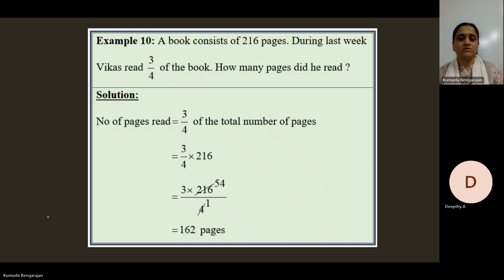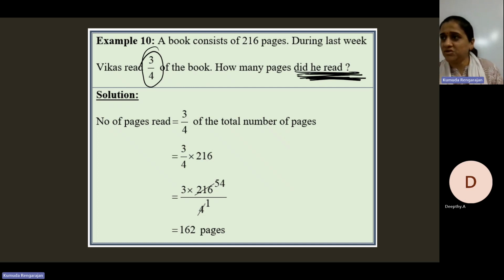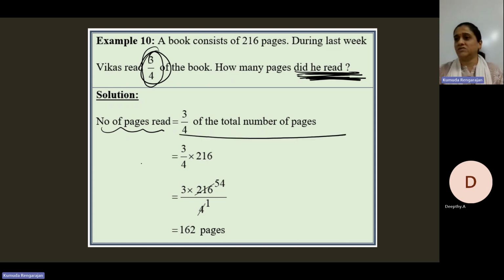Right? So see here, in this question, we have to find how many pages he has read only. How many has he read? That's the question. So what's the fraction he has read? 3 by 4. So number of pages read by Vikas is equal to 3/4 of the total number of pages.